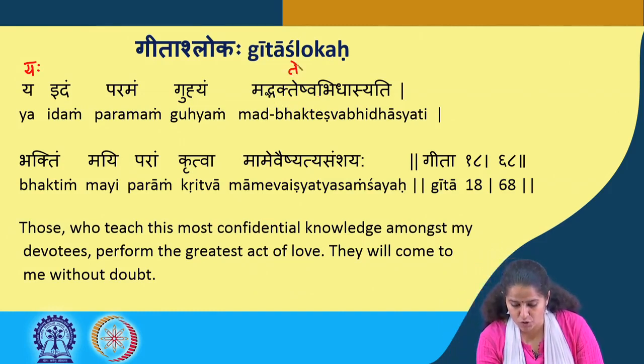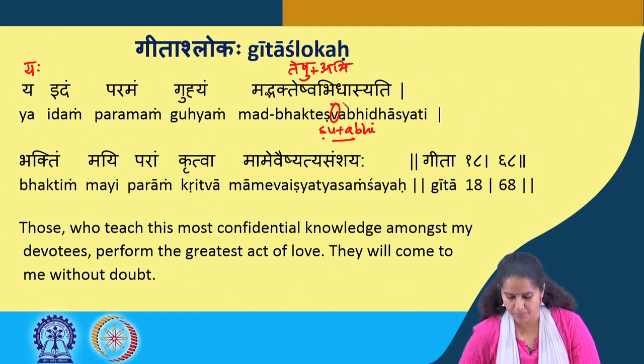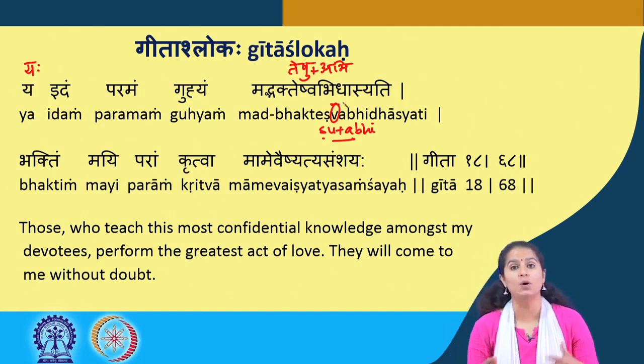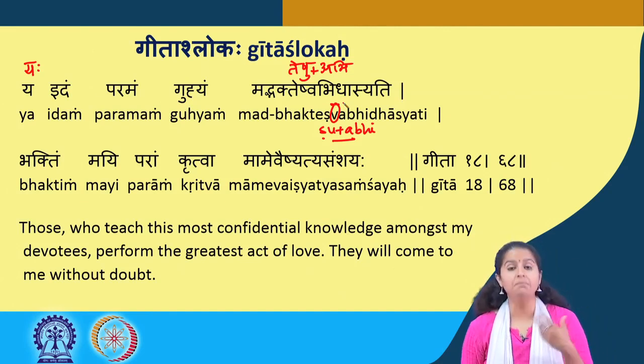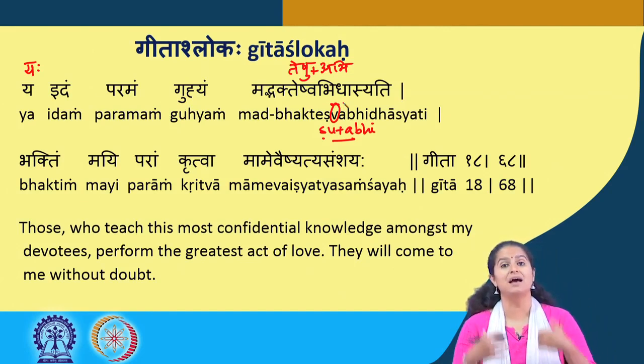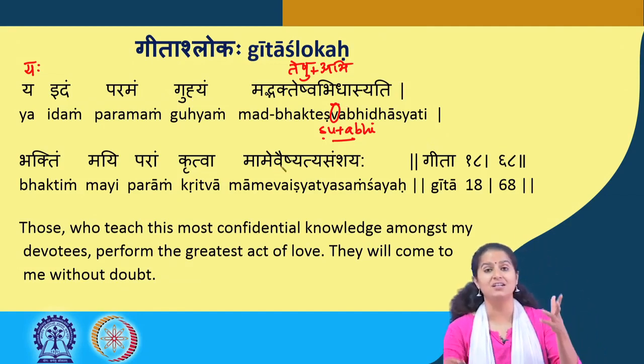So I'll also introduce you to the sandhi, mad bhakteshu abhidhasyati. So here we have bhakteshu plus abhi, and as you can see the combination there becomes the V here. Alright, mad bhakteshwabhidhasyati bhaktim mai param kritva, by having this highest devotion in me, ma me vaishyatya sanshayah.